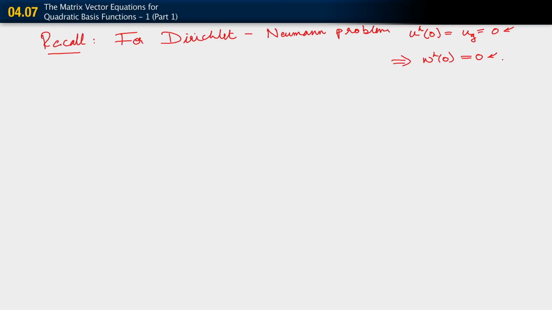All right, so what does this mean? What this implies is that for element 1, because WH at 0 is equal to 0, we construct WH^e for e equals 1 as a sum over a not starting with 1 but starting with 2 to the number of nodes in the element, which is 3.